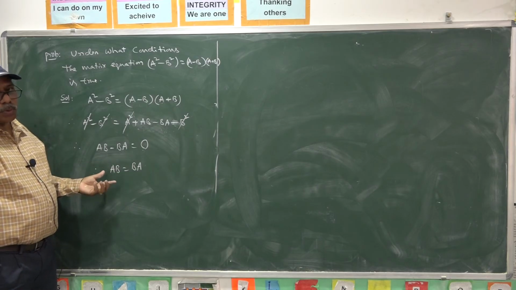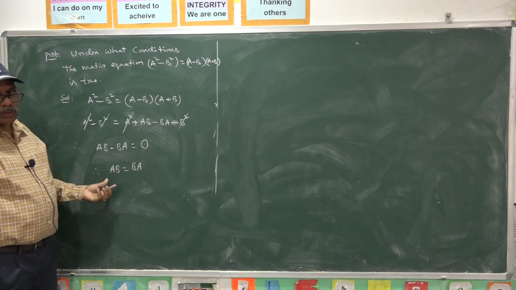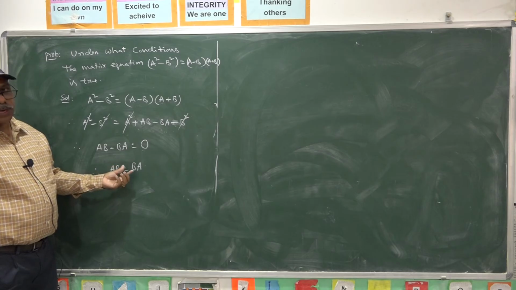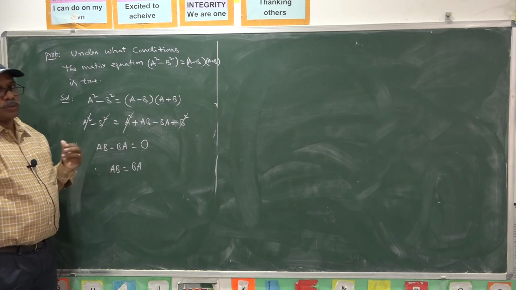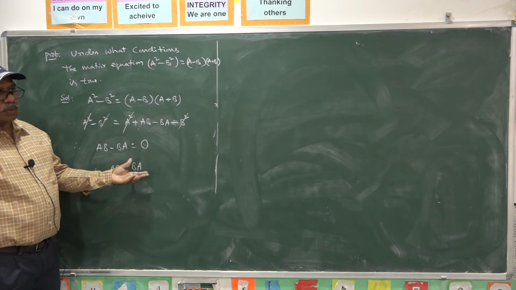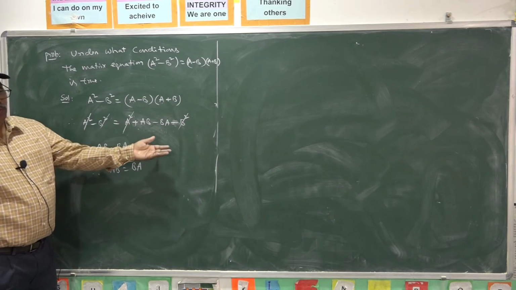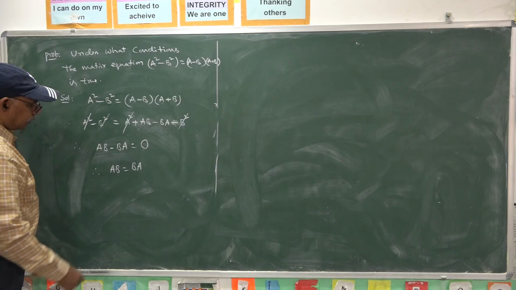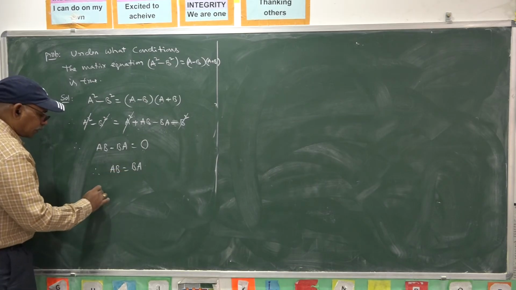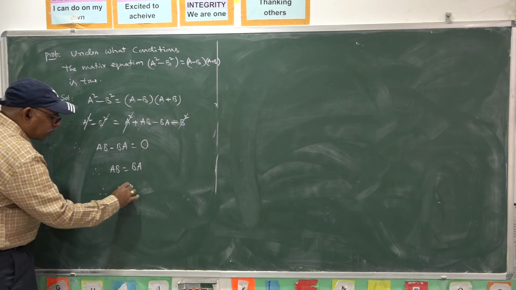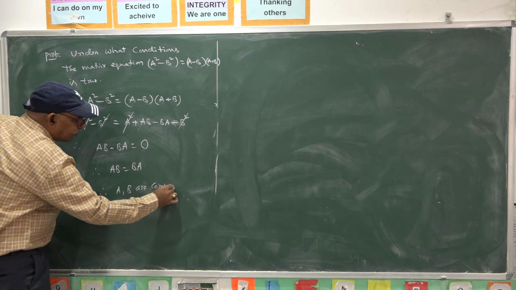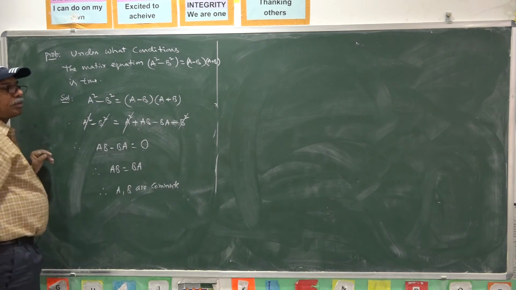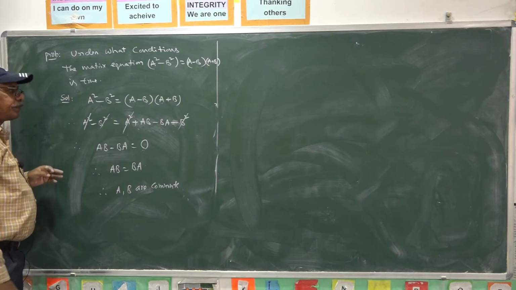That means the product of the given two matrices follows the commutative law. That means both A and B commute. Commute in the sense the product of matrices follows the commutative law. So, AB equal to BA, therefore A, B commute, with respect to the product of matrices, of course.